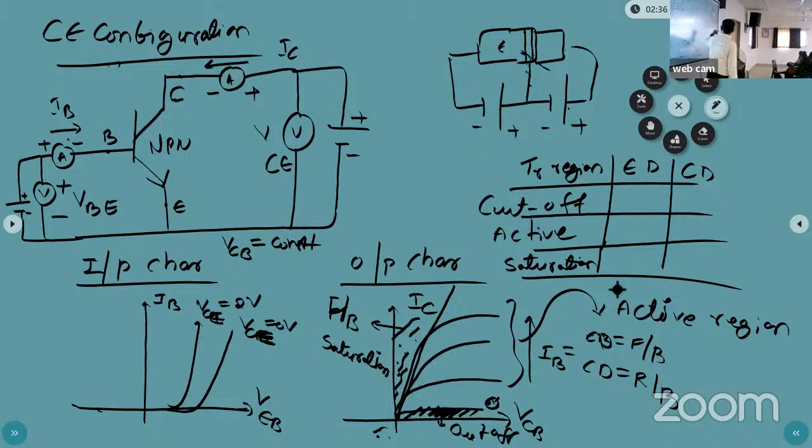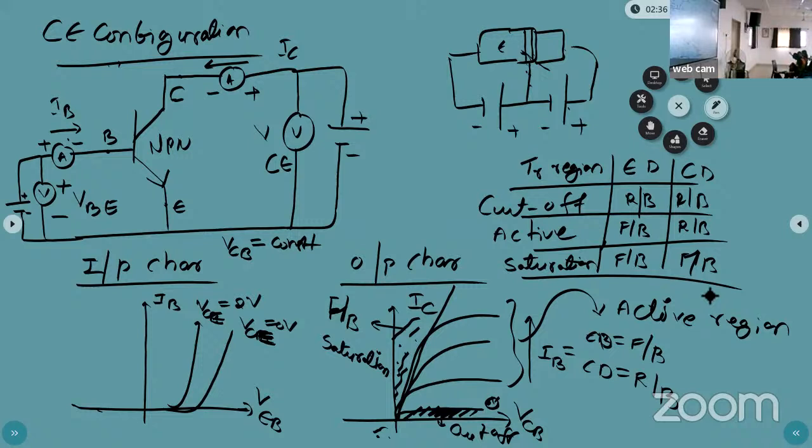In the cutoff region both diodes are reverse bias, and in the active region the emitter diode is forward bias and the other one is reverse bias, and here in saturation both are forward bias.